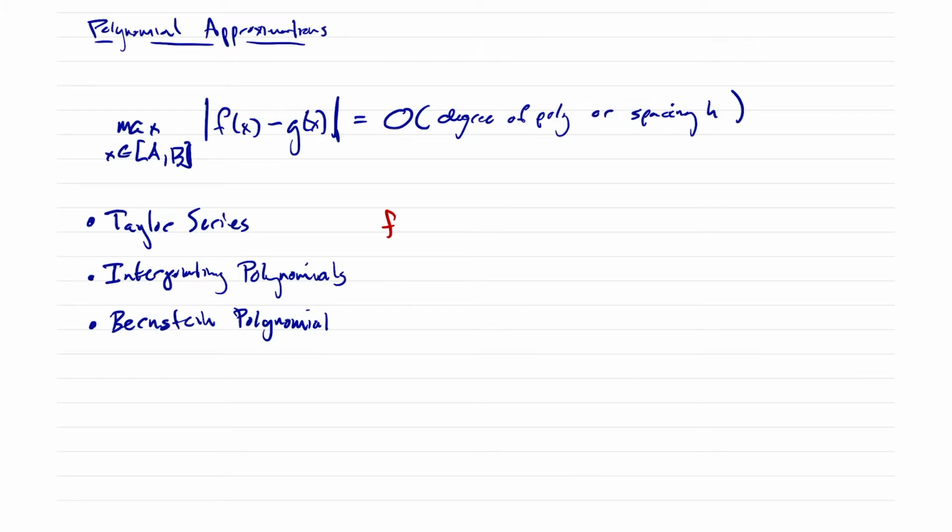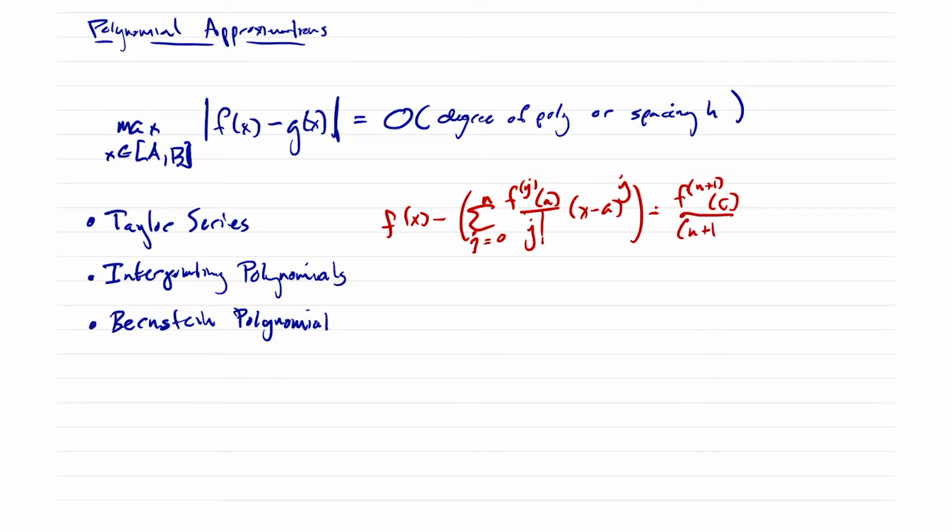So we have f(x) minus the sum of j equals 0 to n of the jth derivative of f at a, divided by j factorial, times (x minus a) to the j, is equal to the (n+1)th derivative, so 1 past where this Taylor polynomial is, at c for some c, over (n+1) factorial, times (x minus a), wherever it's centered, to the n+1.